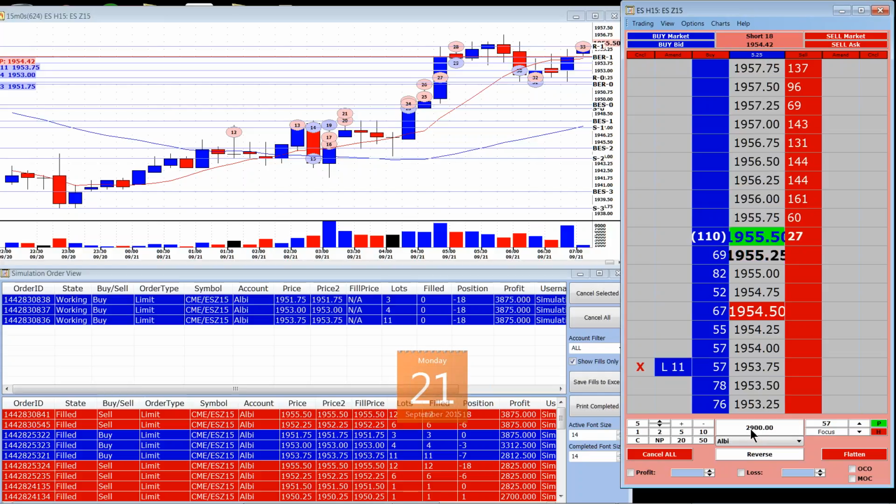So since midnight last night, we've profited so far $2,900, and we traded, this number here, 57 contracts. That's closed, bought and sold, or sold and bought, but that's so far our profit. Our profit moves up and down as the price ladder goes up and down depending on our position.